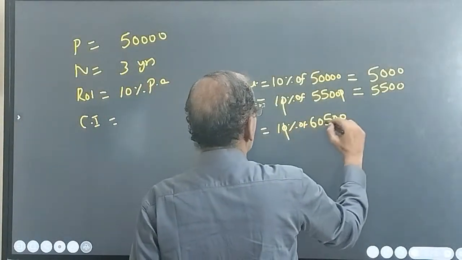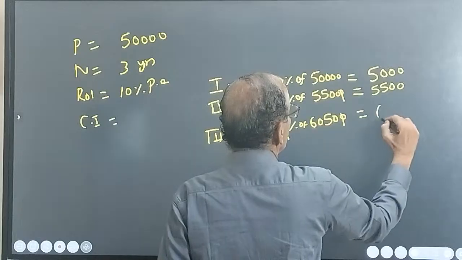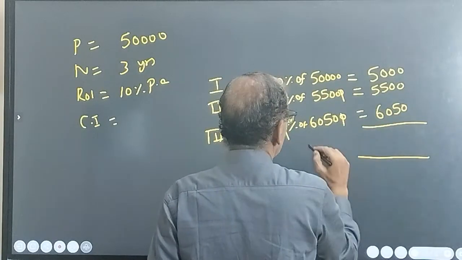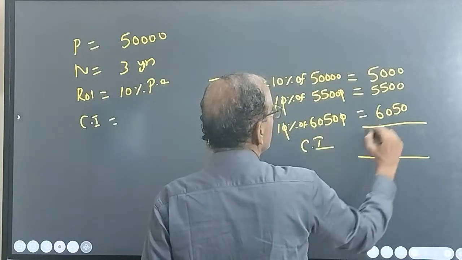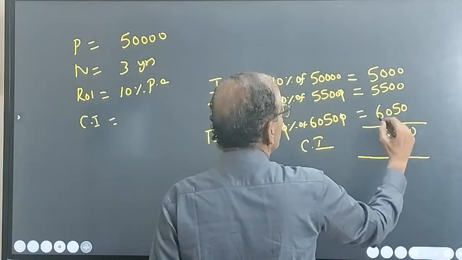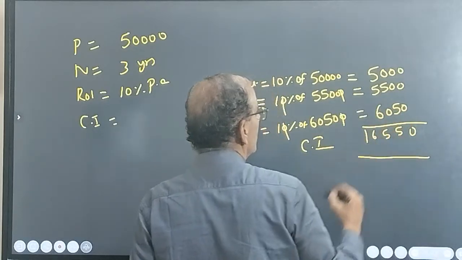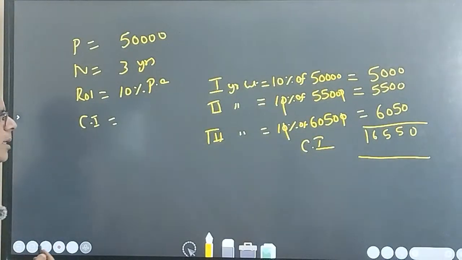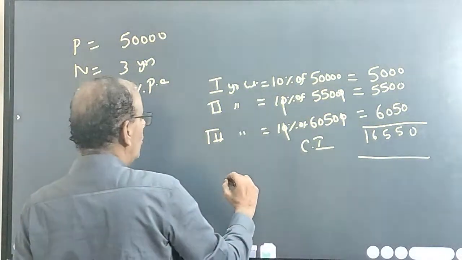You cancel this one, how much will it come? 6,050. You add all. This is the total compound interest. What is the compound interest? 16,550. Suppose they are asking you the amount repayable.